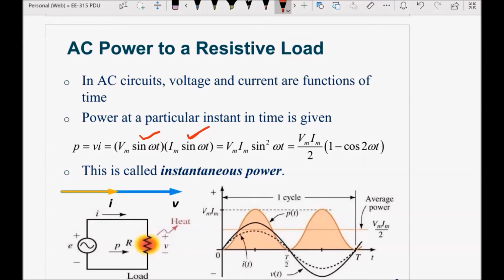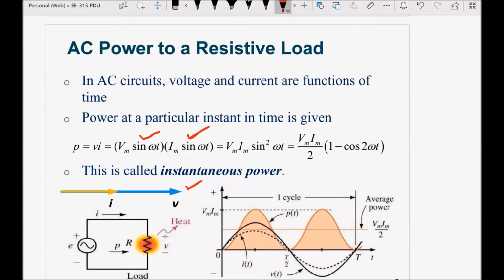Now if you look at the plot, it can be seen that the voltage and current are in phase. The black waveform and the dotted waveform both are in phase. To draw a phasor diagram, consider voltage as reference. We draw this phasor in this direction, which is V. And since there is no phase difference, the current is going to follow the same direction as the voltage. So this is the phasor representation.